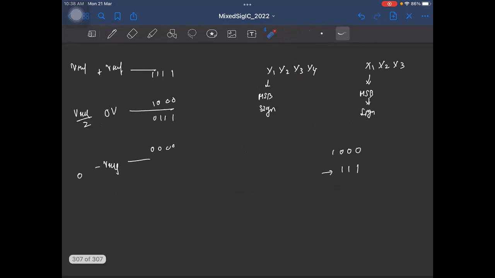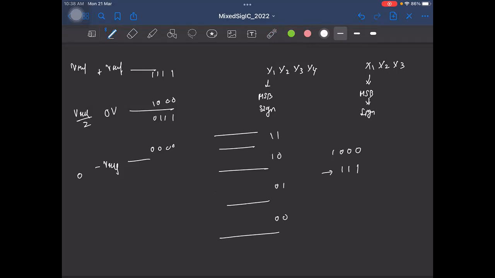To clarify it, let's say I have 2 bits. So I'll have 0 0, 0 1, 1 0, 1 1. Now, if I increase the resolution by 1 bit, I'll have additional levels to compare. So this will be 0 0 0, 0 0 1.